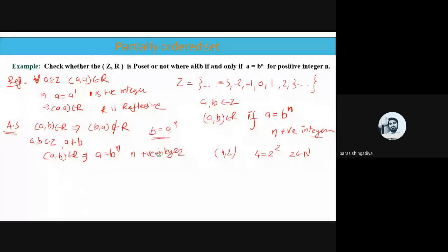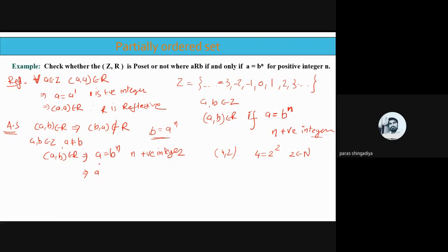So how can we prove that? Here we have a is equal to b raised to n, and we need b only. So remove the power n from the b. How can we remove the power n? Apply the nth root both sides. ठीक है, दोनों साइड आपको nth root अप्लाई करना है. So here we get nth root means 1 upon n, आपको दोनों पावर पे अप्लाई करना है.